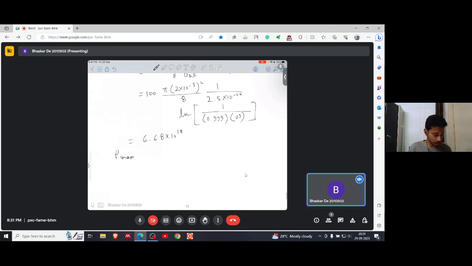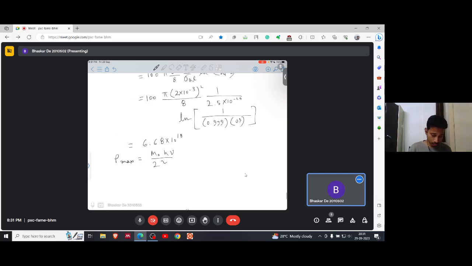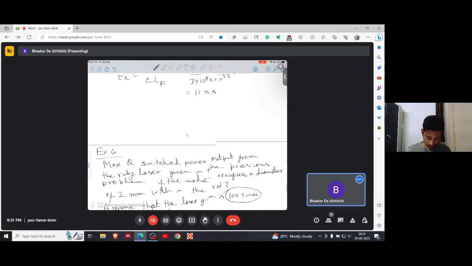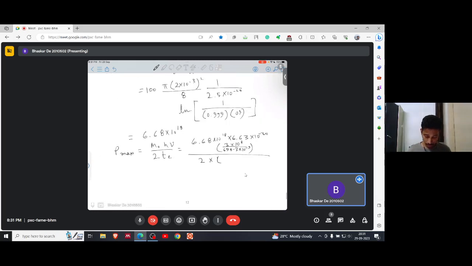Now we can calculate the Pmax, that is n naught h nu by 2 Tc, given by 6.68 into 10 to the 18 into 6.63 into 10 to the minus 34 into 3 into 10 to the 8 by 694.3 into 10 to the minus 9, divided by 2 into 1.1 into 10 to the minus 8.